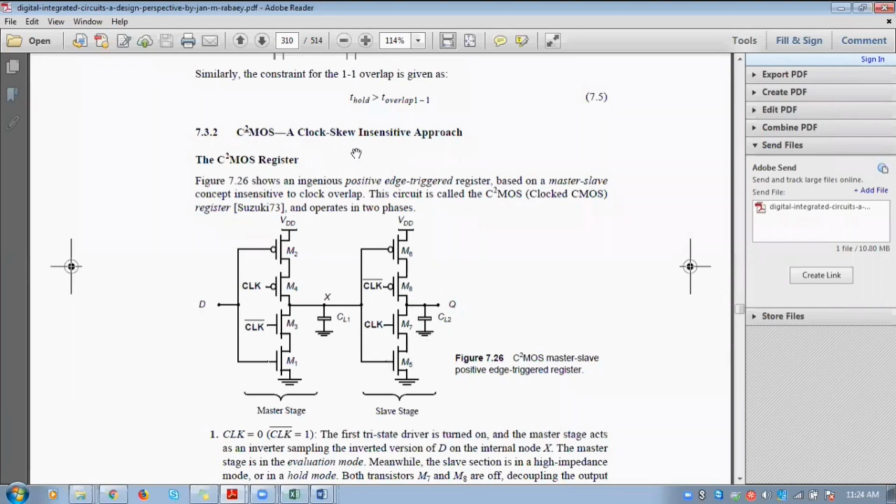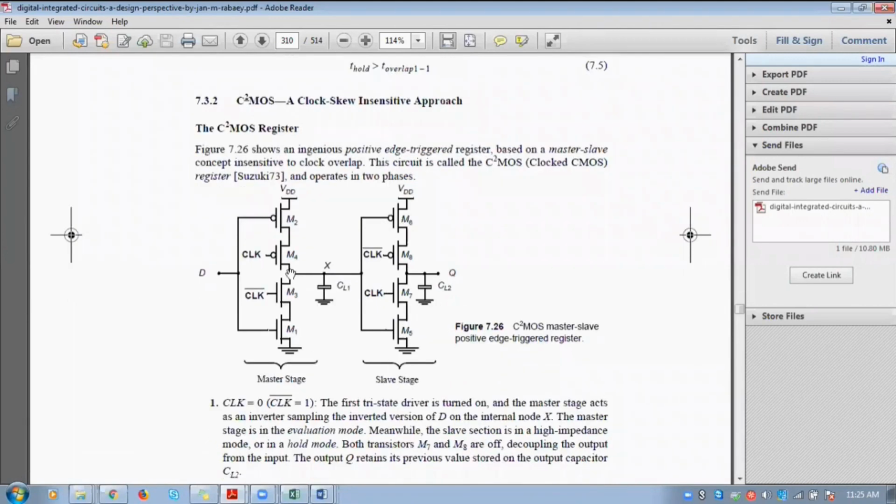Here the slave is a positive latch, the master is a negative latch. So combined, my design is a positive edge triggered D register using C squared MOS. We can say it is a C squared MOS master slave positive edge triggered register.